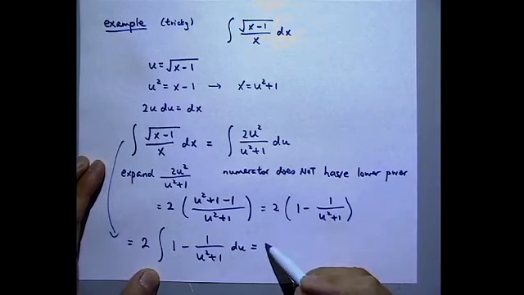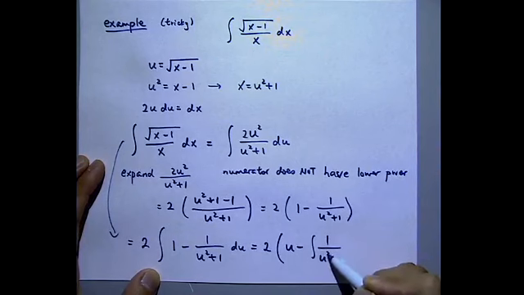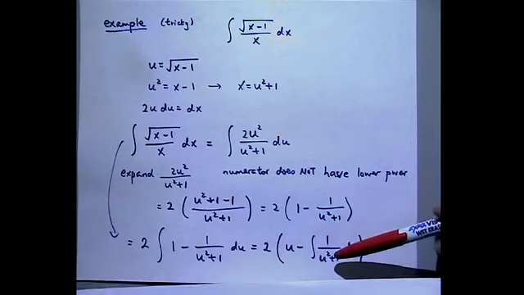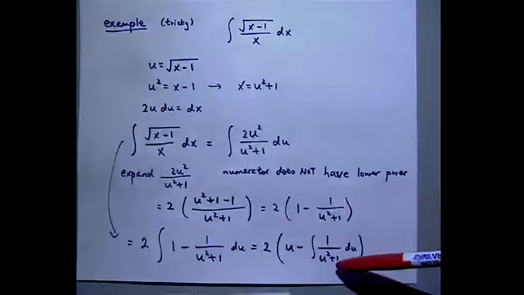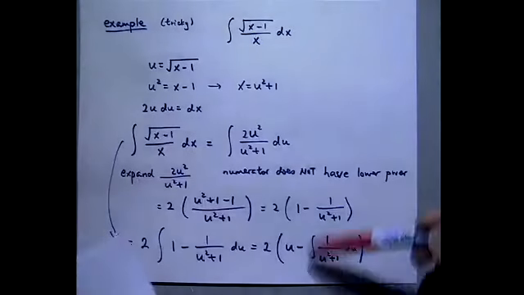So this gives me 2 times u minus the integral of 1 over u squared plus 1. And we covered this case earlier in this example. You're going to have to look at u squared plus 1 as radical u squared plus 1 squared, and follow the same procedure to integrate that.